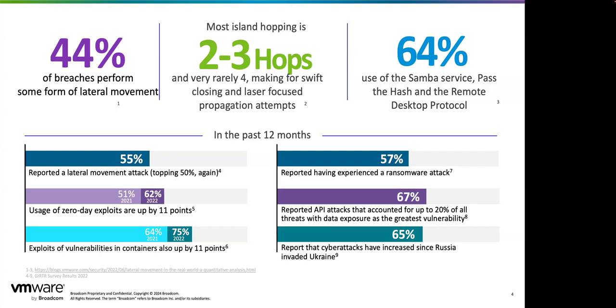And while these numbers might be a few years old, we can only expect that these are probably going up as opposed to going down, as we are not mitigating at the same speed that attackers are evolving their techniques. 57% of organizations have reported some type of ransomware attack. 67% have reported API attacks that accounted for up to 20% of all threats, with data exposure as the greatest vulnerability. And 65% report that cyber attacks have increased since Russia invaded Ukraine. So just some statistics to be found on the internet.